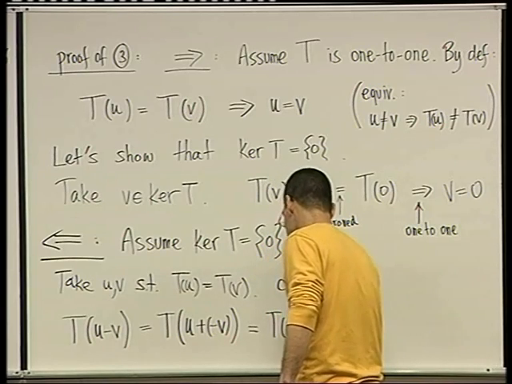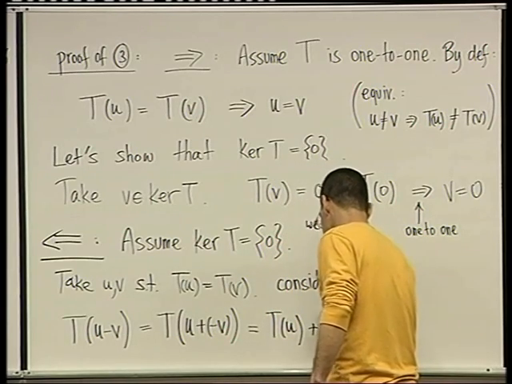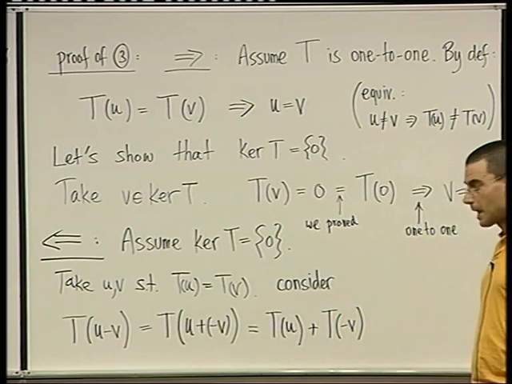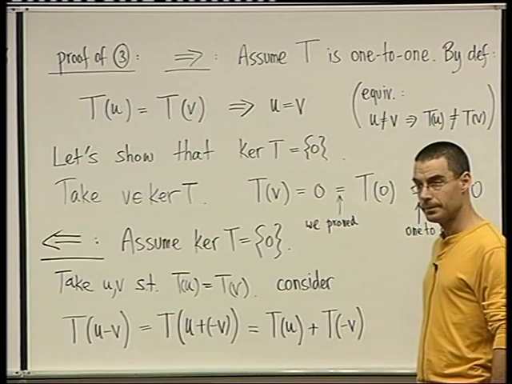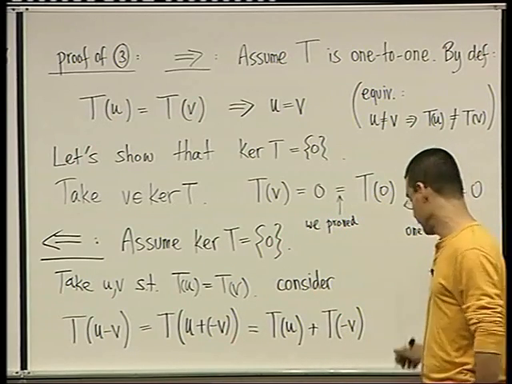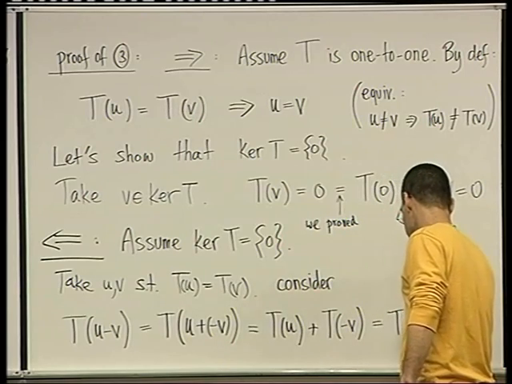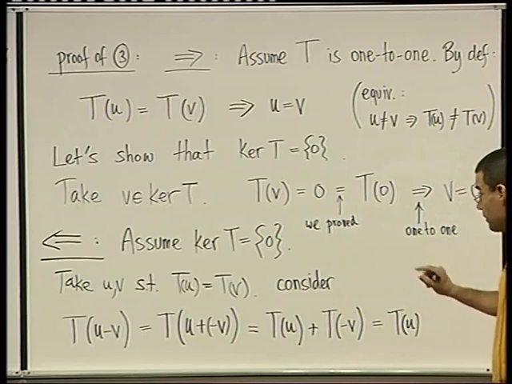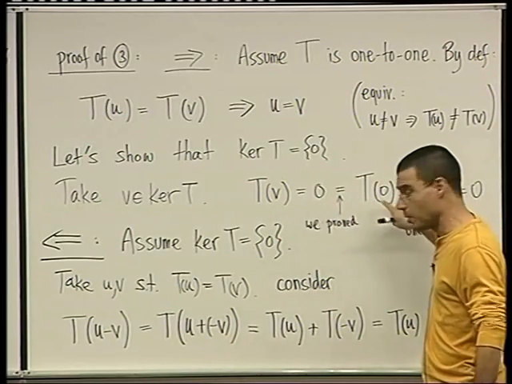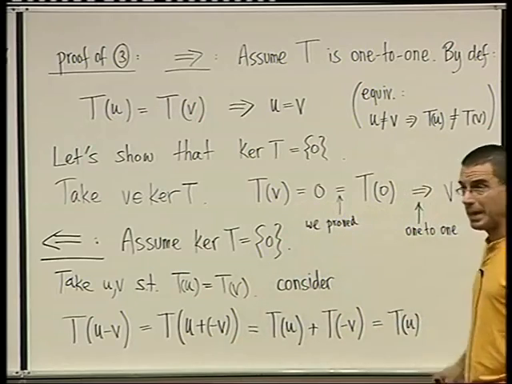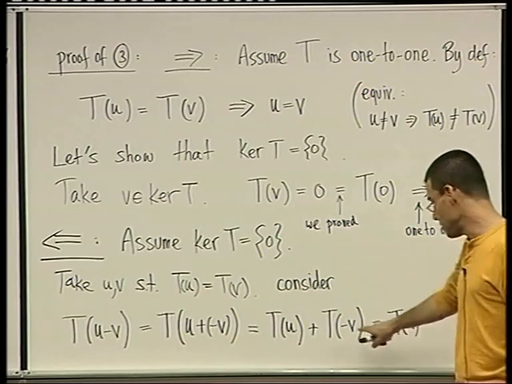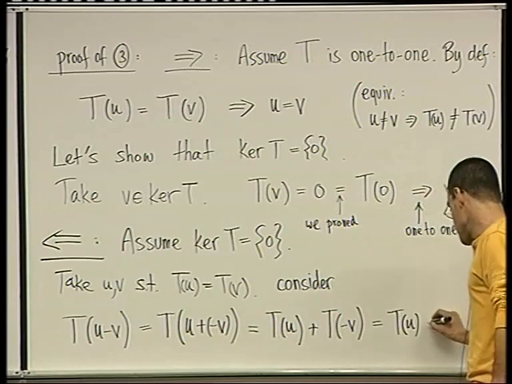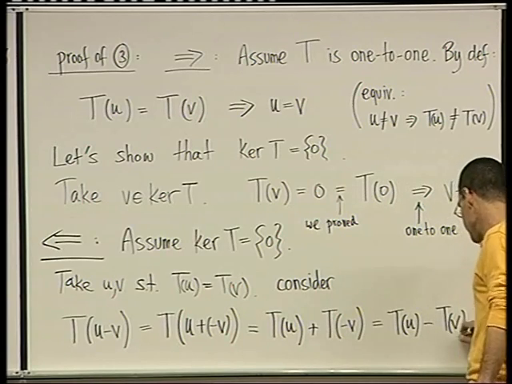So this is T of U plus T of minus V. What is T of minus V? In the same little lemma, the same place where we showed that T of 0 is 0, we showed that T of minus V is minus T of V. Obvious, because this is like a minus 1 here, you can pull it out by linearity. So this is T of U minus T of V.